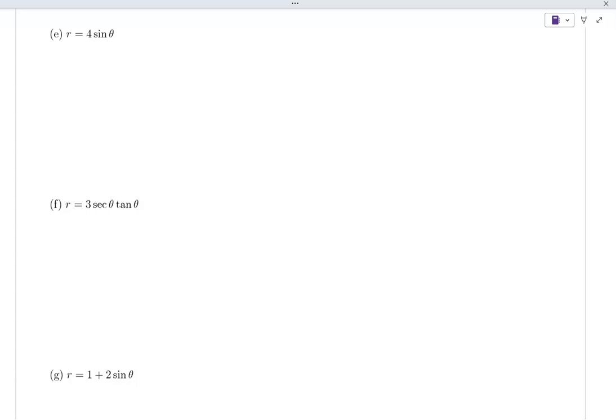What might you want to do to both sides here so that you can convert this over to rectangular? What do you think you might want to do? Yeah, do the same thing we did in the previous one, right? Multiply both sides by r and see what happens.